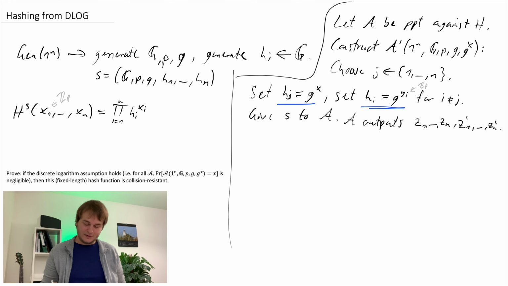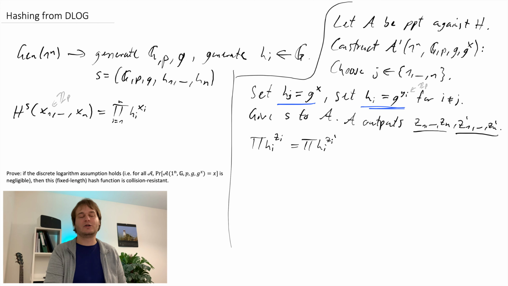Now if this is actually a valid hash collision, then we will get that the hash value of these two pre-images is the same. And now in our special scenario where we chose all of the h_i to be g^{y_i} and h_j to be g^x, we can now write this differently. We can basically plug in the values that we have for the h_i.